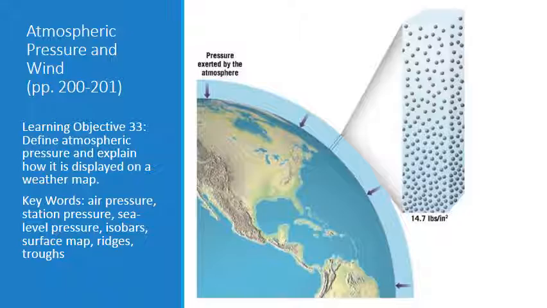Specifically, a column of air 1 square inch in cross-section measured from sea level to the top of the atmosphere would weigh about 14.7 pounds. This is roughly the same pressure produced by a 1 square inch column of water 10 meters high.